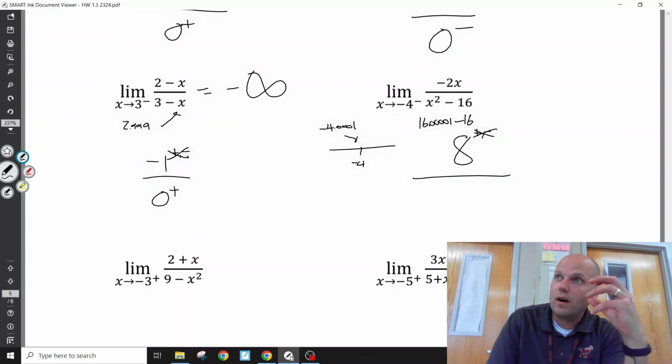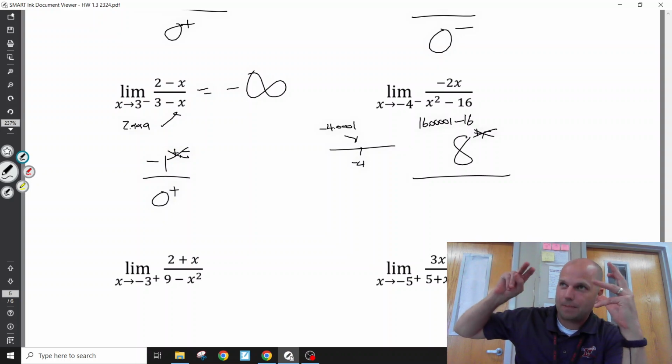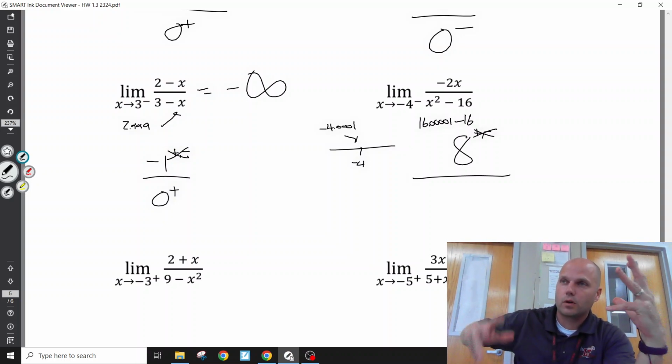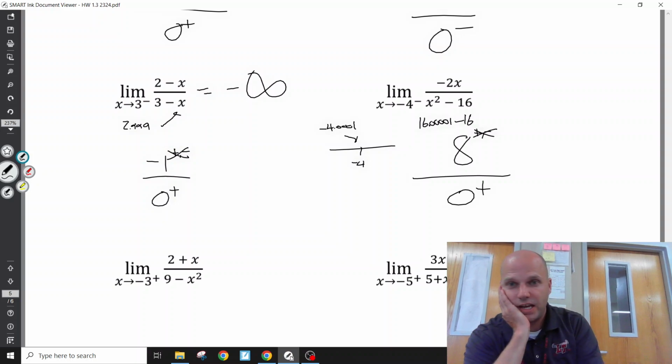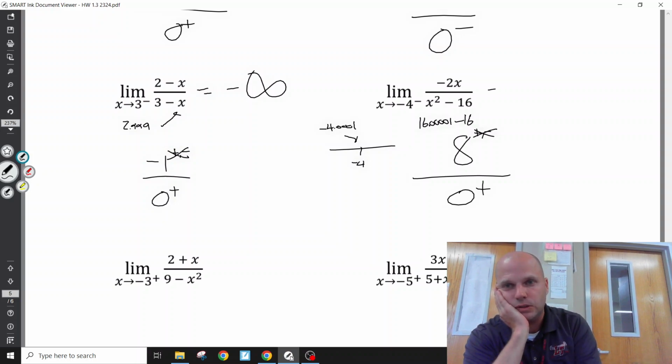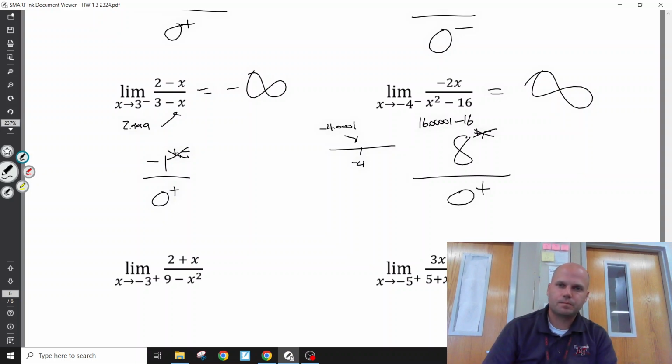I'm just going to be like, well, it's got to be bigger than 16 because the absolute value of this is bigger than 4. So it's further away from 0. So subtracting that from 16 gives me something close to 0 and positive. So I got a +8 and I got something close to 0 and positive. That's why it's going to be approaching positive infinity.